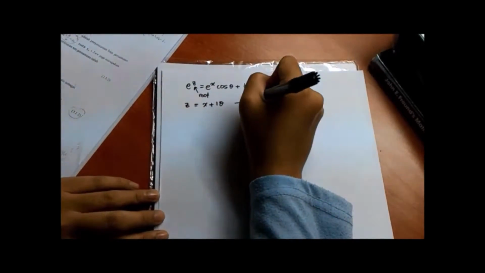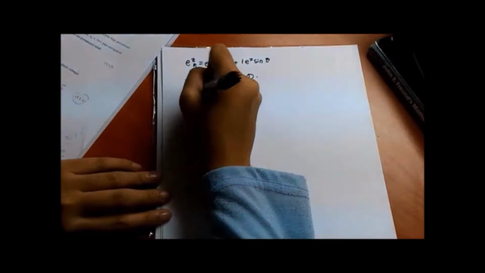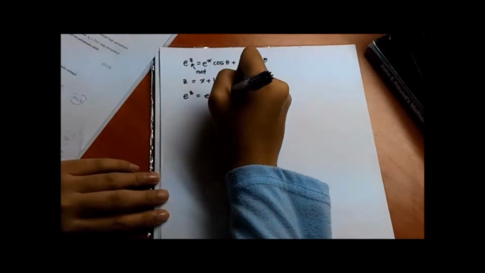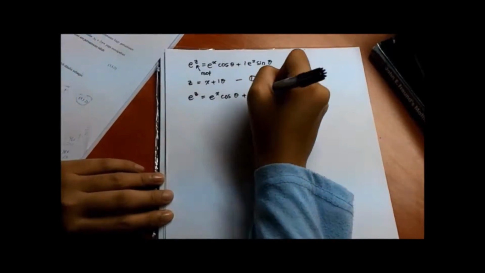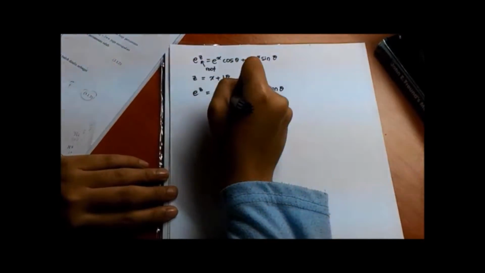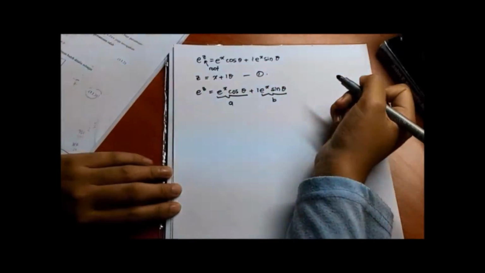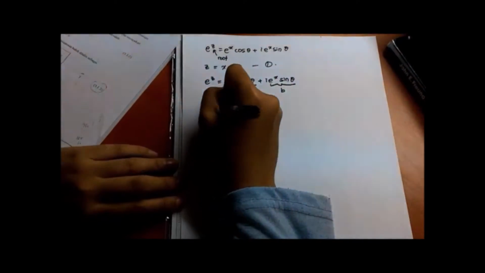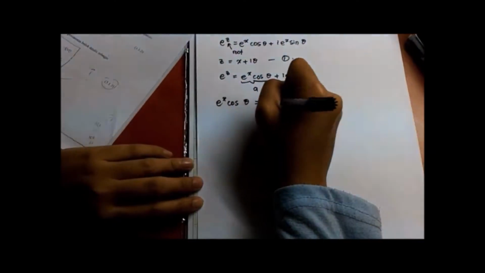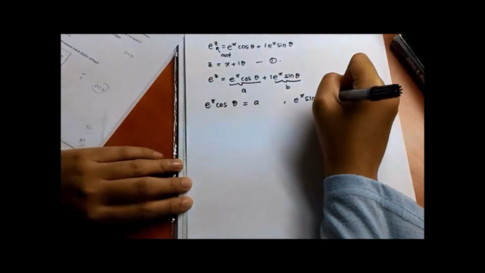So this is our first equation. For e^z equal to e^x cos theta plus i e^x sin theta, we assume this part is a and this part is b. So e^x cos theta is equal to a, while e^x sin theta is equal to b.